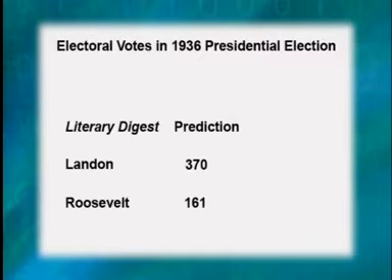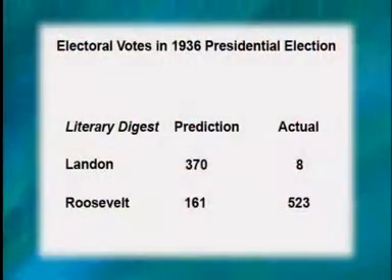Well, you may not recall reading about President Landon in your American history books. The reason you don't recall reading about Landon is that, obviously, he did not win the presidency. In fact, the only correct aspect of the Literary Digest's prediction was that the election was a landslide. But unfortunately for them, the landslide was the other way.